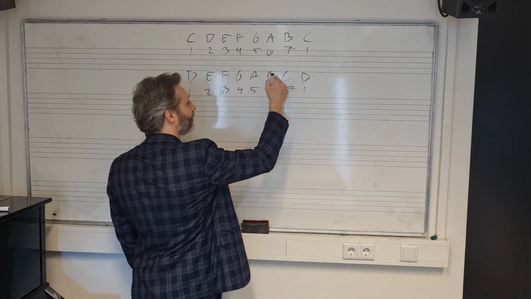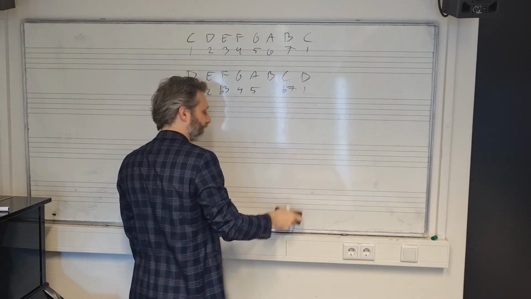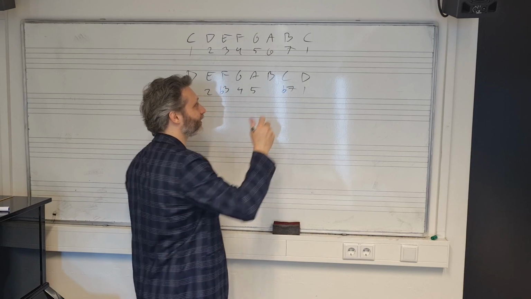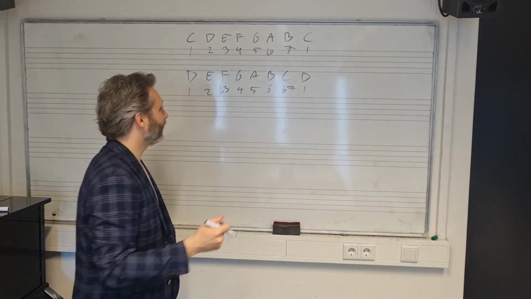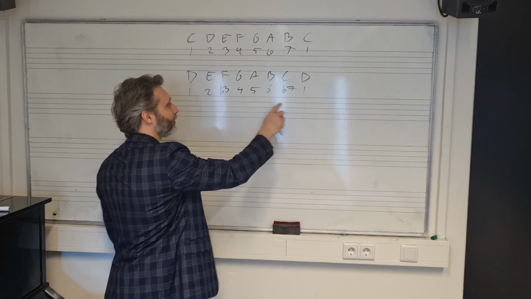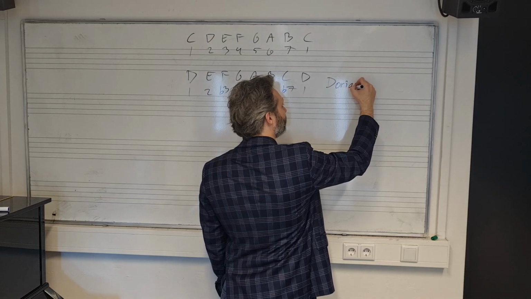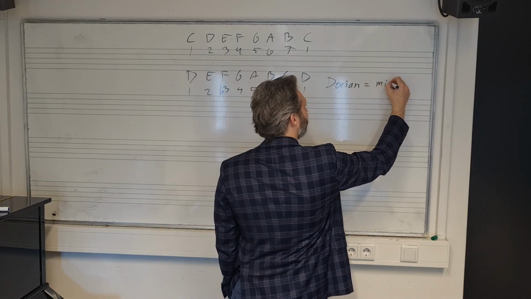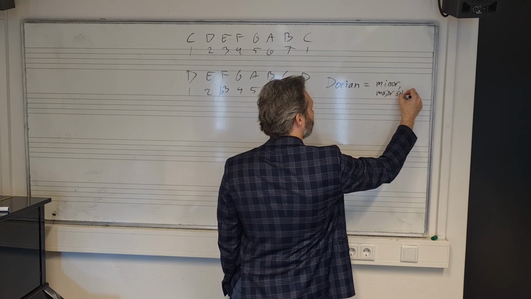It was supposed to be B flat, but it's not. So it's higher than we expect it to be in a minor scale. This scale, minor with a major sixth, is Dorian. That is minor with a major sixth.